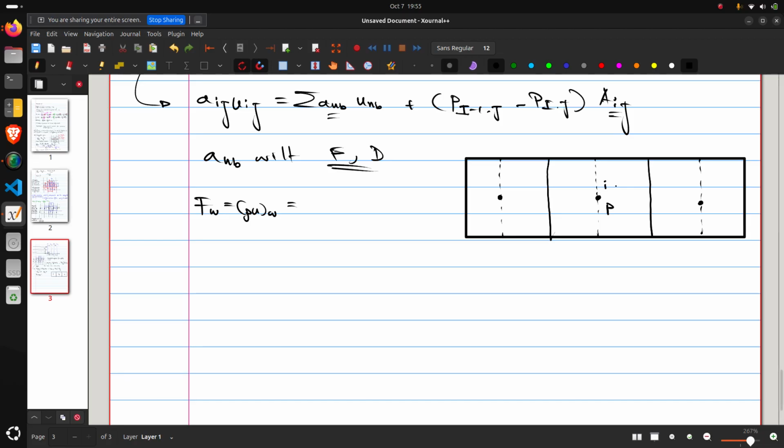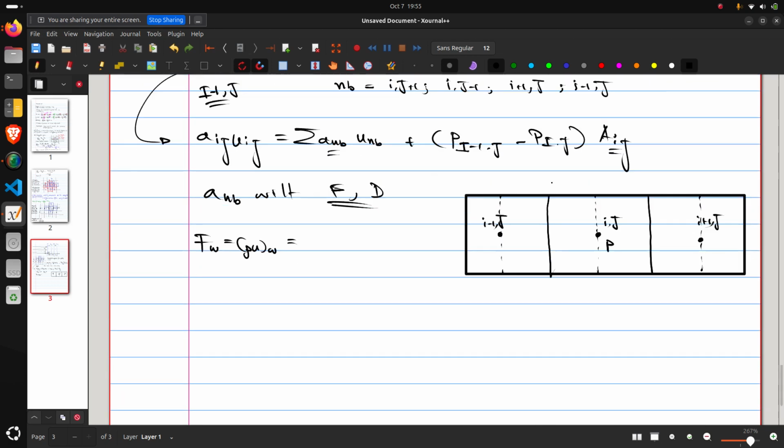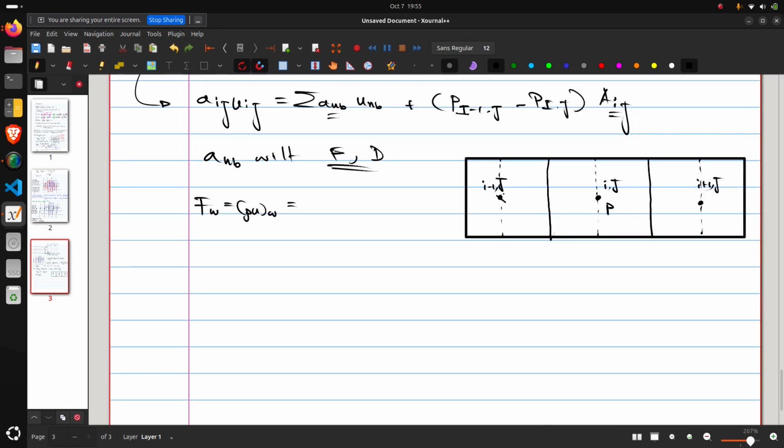This is small i capital J, small i minus 1 capital J, small i plus 1 capital J. Oh, I think I have messed up again. It will be cross, and this will be what? This is capital I, capital J. This is capital I minus 1, capital J, and so on.